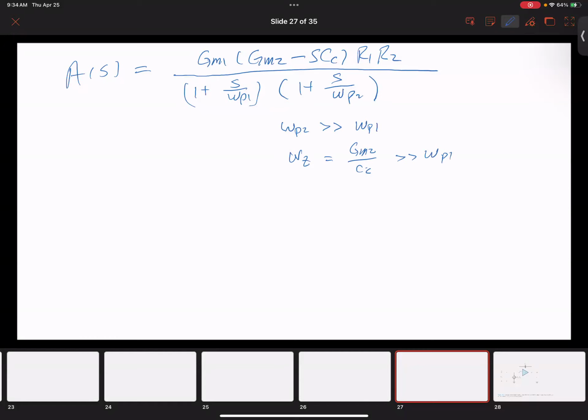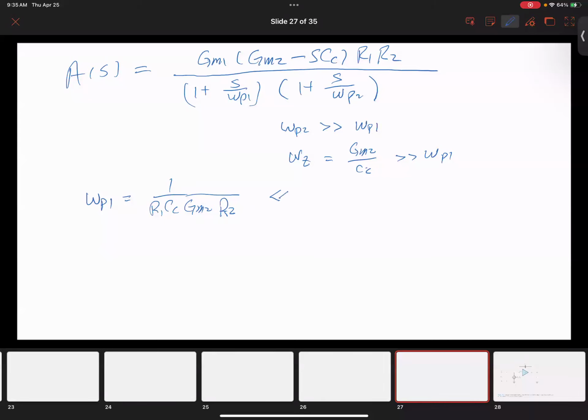In other words, if you want this WZ and WP2 to be larger than WP1, we can bring the equation back from our previous slide. WP1 is equal to the final expression: R1 times CC times GM2, the second stage gain, times R2. That's WP1.